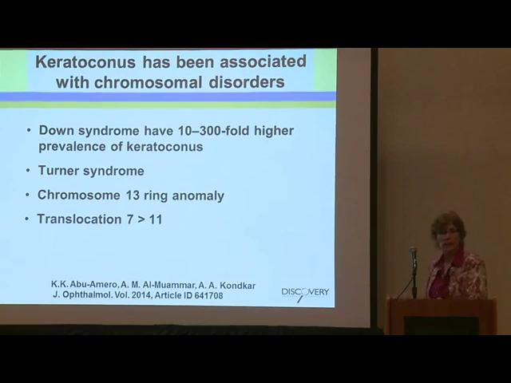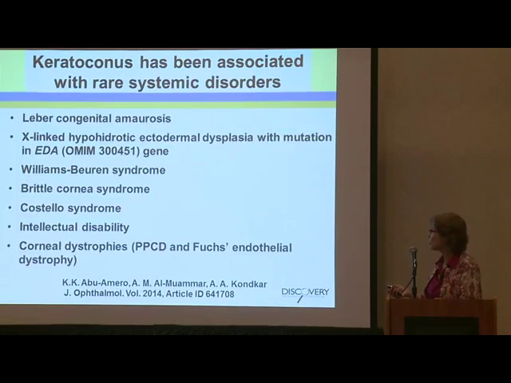Not only that, many people just have keratoconus in their eye, they don't have any other systemic problems. But there are many disorders, such as Down syndrome, where people with Down syndrome have a very high incidence of keratoconus. Some studies say 10 to 300-fold higher, and along with these other syndromes.